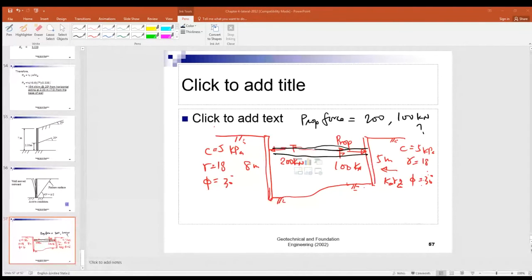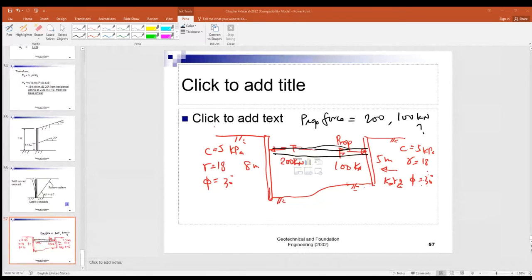Of course, if you don't do any works on the slope, it's a natural slope. So that's the natural slope. Natural slope, right? It's completely untouched.